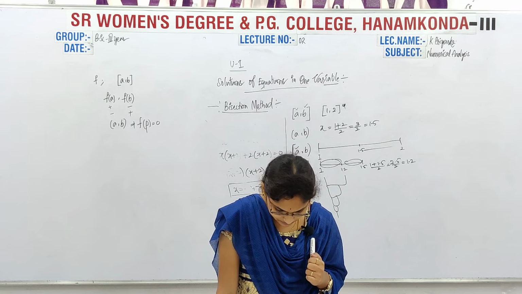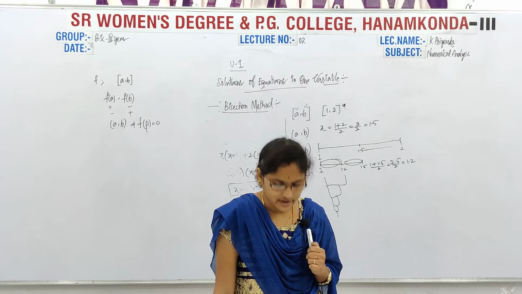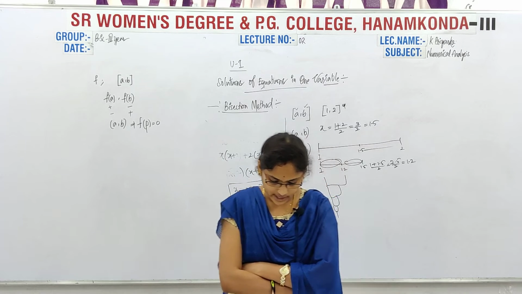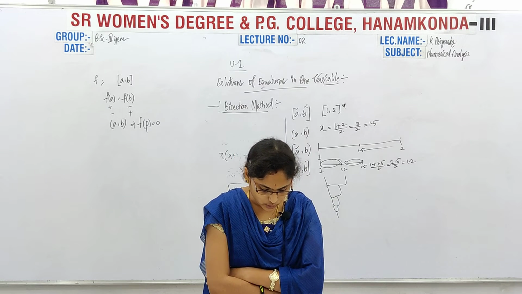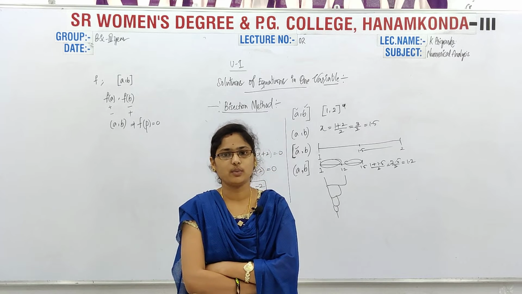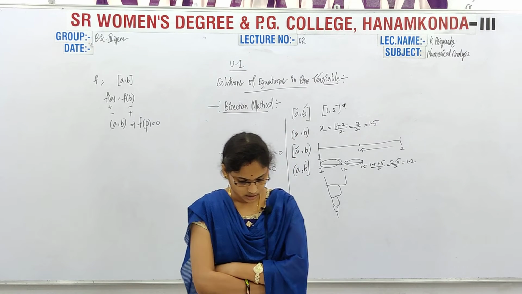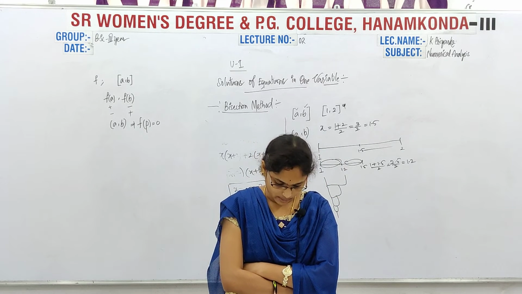Next, write down. The procedure will work when there is more than one root in the open interval a comma b.